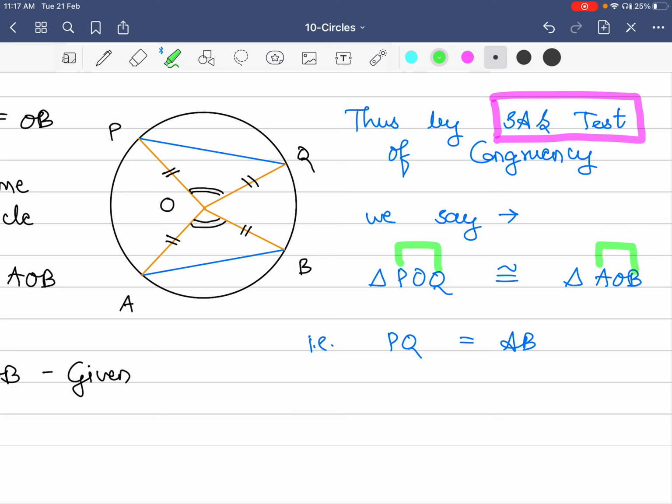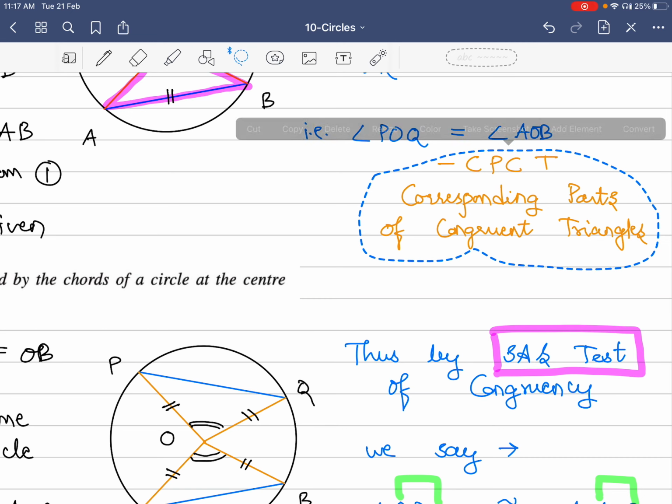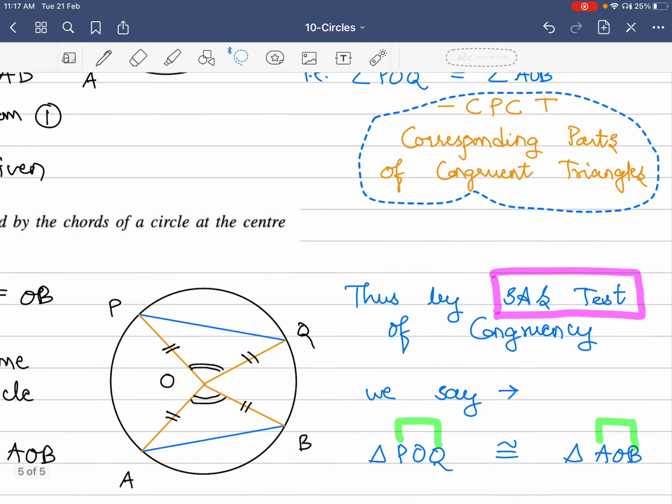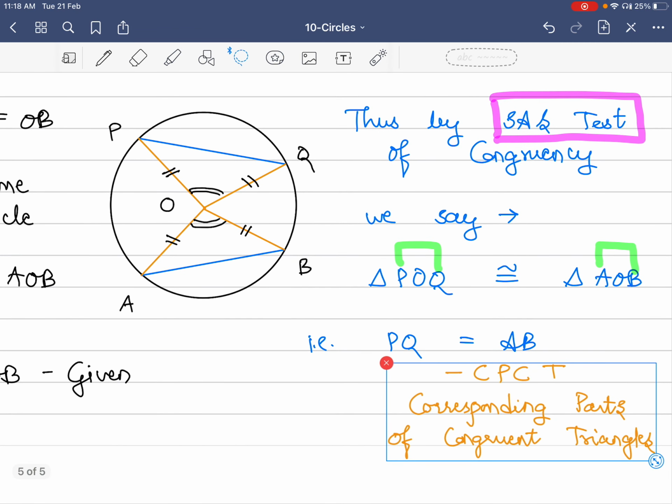Because they are corresponding parts of congruent triangles. This is very important. This is the reason, corresponding parts of congruent triangles, for PQ being equal to AB.